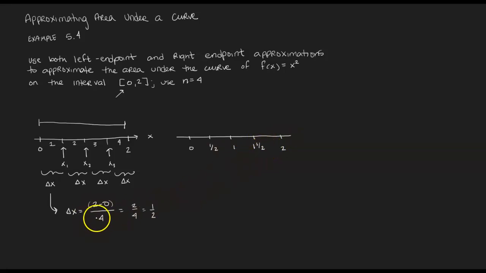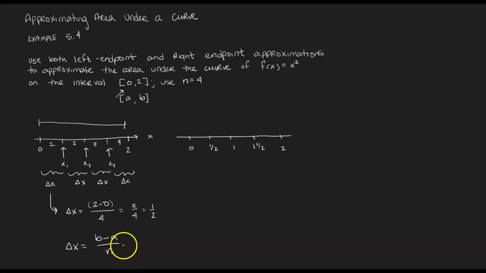The shortcut or formula for this, no matter what your interval is or how many divisions you want, is b, the right end of your interval, minus a, the left end of your interval. So b minus a for your numerator, basically just calculating how long that interval is, and then divide by n. That will give you the width of the intervals.